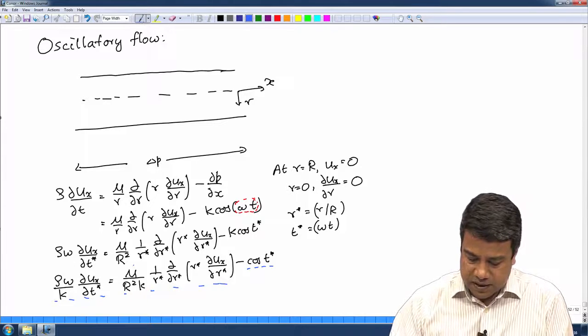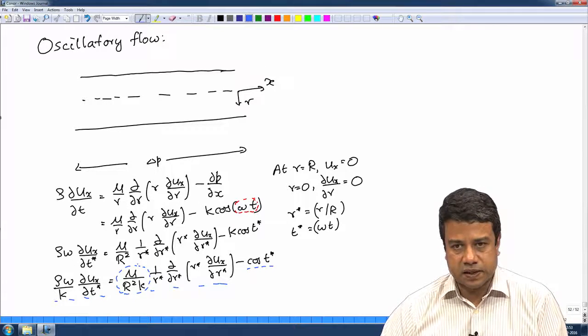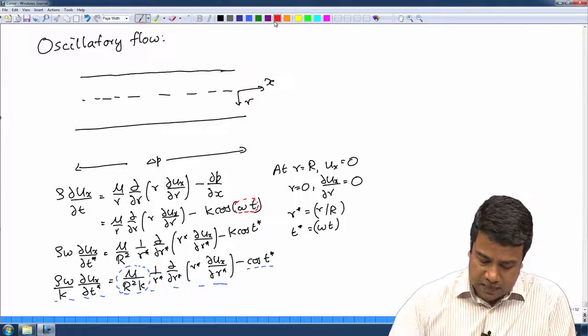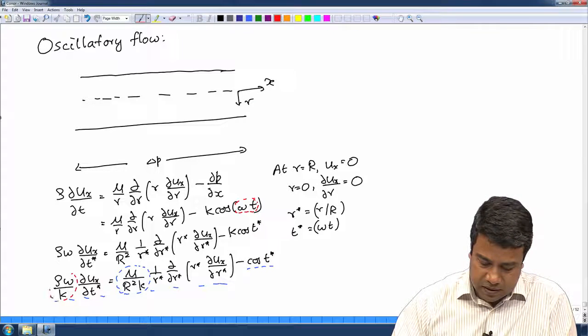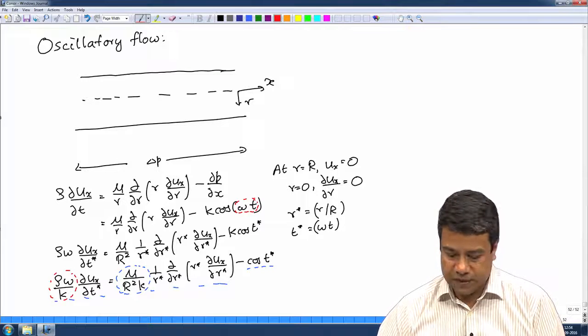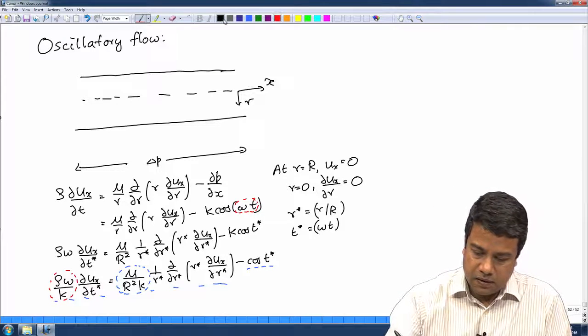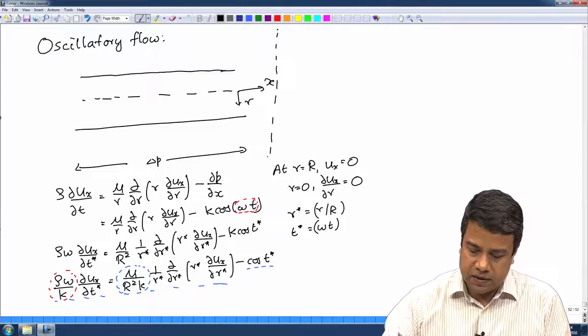The first way is to scale it by the viscous scale. The other way is to scale it by the inertial scale. Which one do we choose? That of course depends upon whether in the problem the ratio of inertia to viscosity is large or small. And we do not yet know what is the ratio of inertia to viscosity.